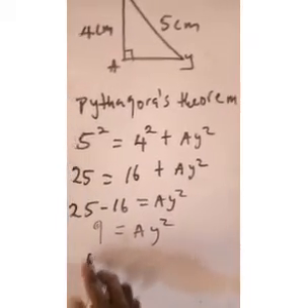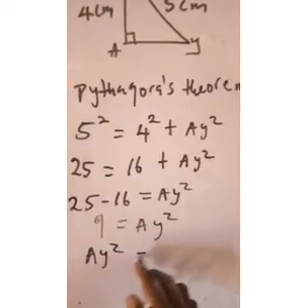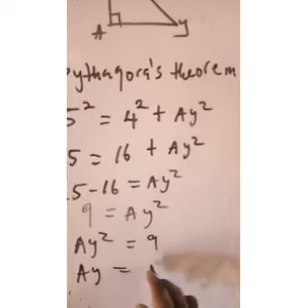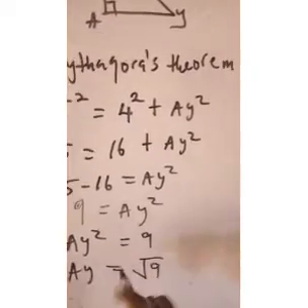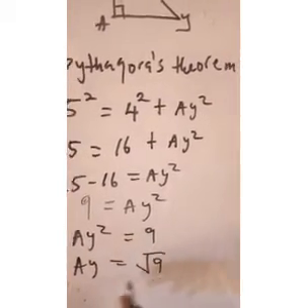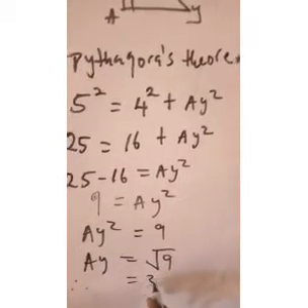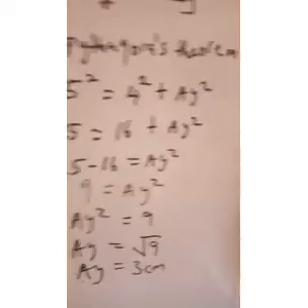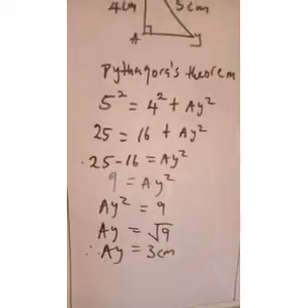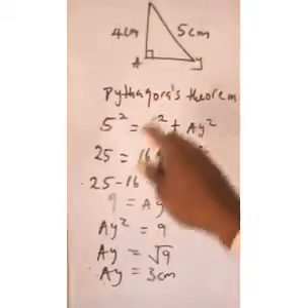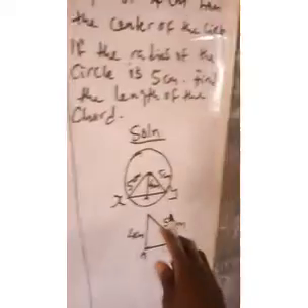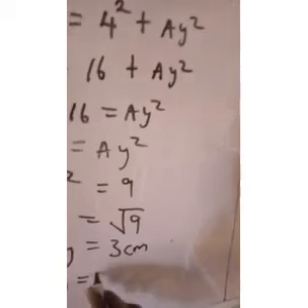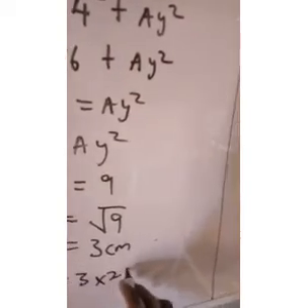Therefore, our AY will be equal to square root of 9, which is 3 cm. Our AY is 3 cm. But to get our XY, it is now going to be times 2. XY will be 3 times 2, which is 6 cm.